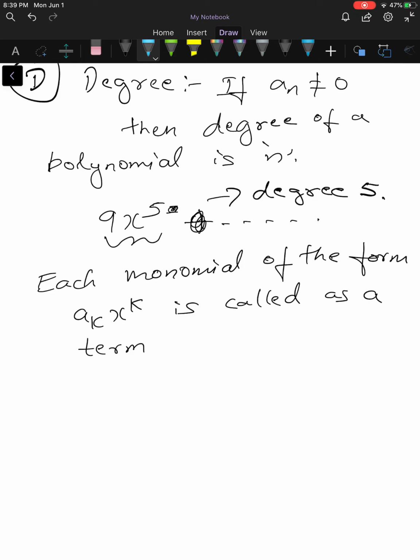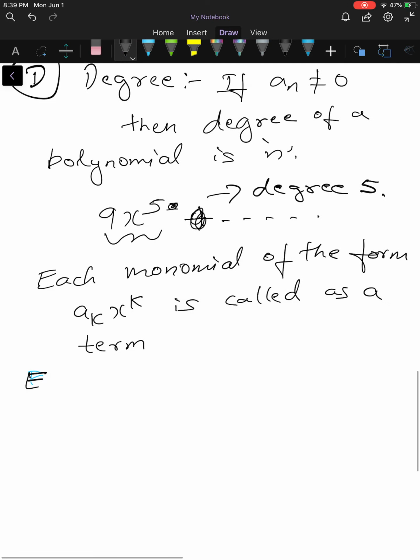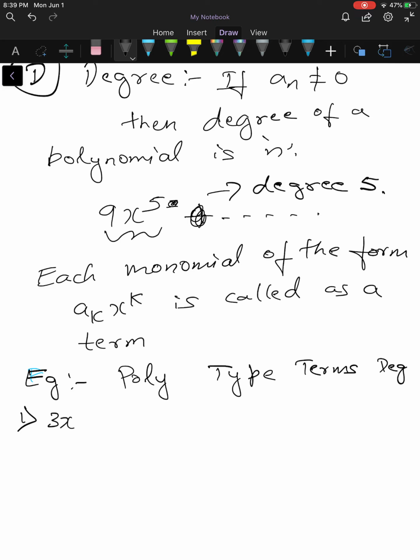Now let us work some examples. We shall write the polynomial first, identify its type, and what all the terms and degree are. So the first one, 3x^3 plus 5x minus 4.